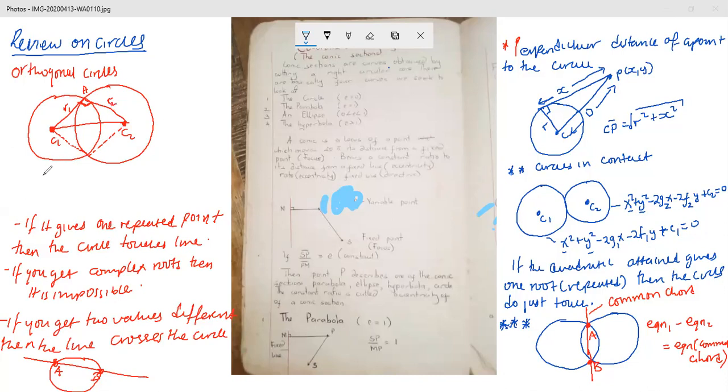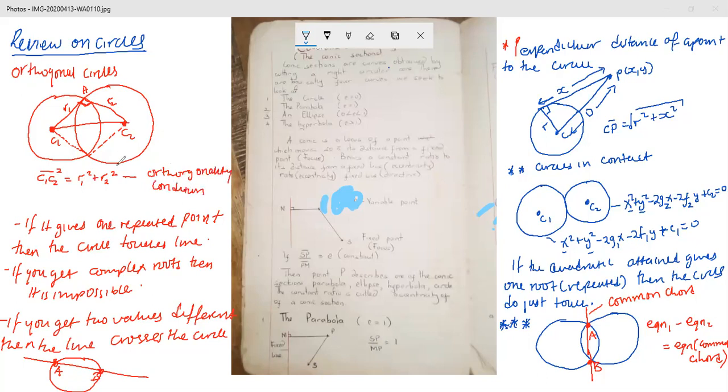If they meet at 90, then C1C2, the distance squared, would be equal to R1 squared plus R2 squared. If this is satisfied, then we call this the orthogonality condition.